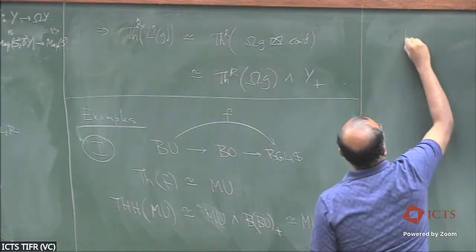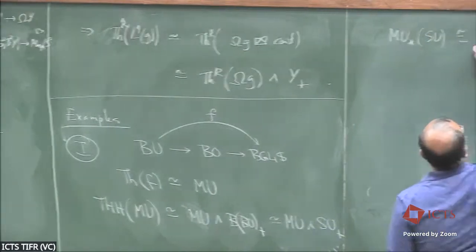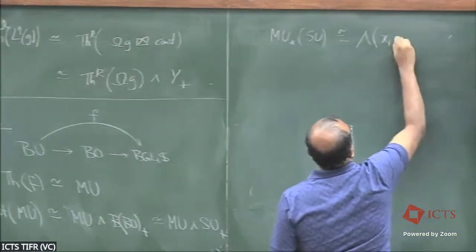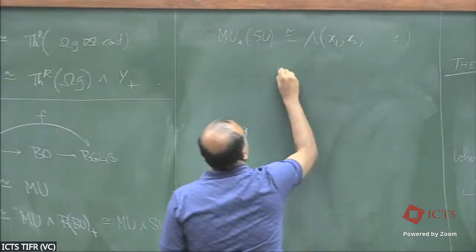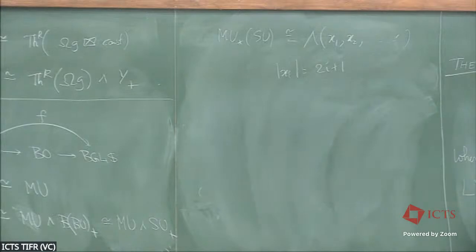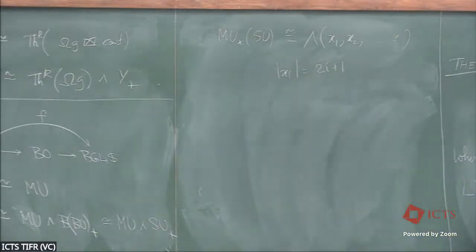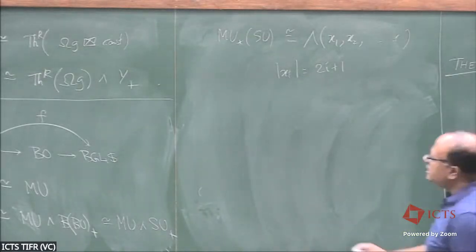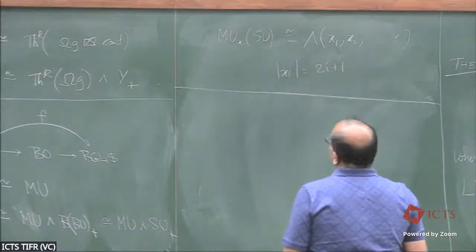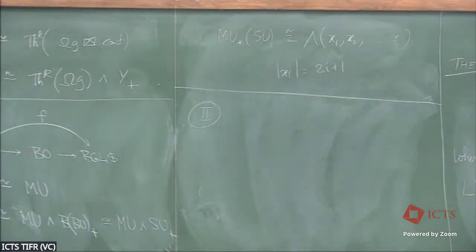You just have to remember that this is isomorphic to an exterior algebra on x1, x2, and so on, with degree of xi equal to 2i plus 1. And that gives you the formula. Now you can see there are plenty of other examples of this type whose THH you can calculate.